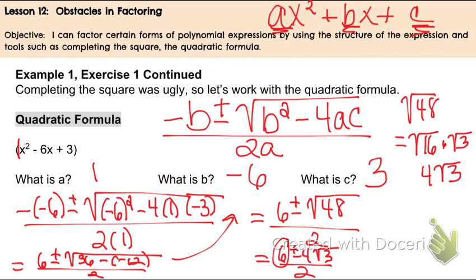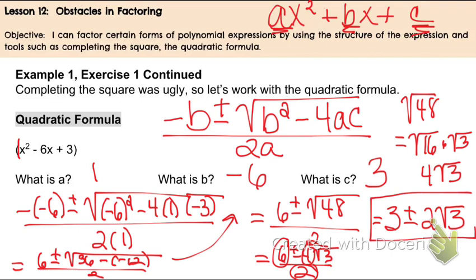If I look here, all of my terms are even, which means they can be simplified by factoring out a 2. So I get 3 plus or minus 2 times the square root of 3. That's where my solutions will be. So one solution will be at 3 plus 2 times the square root of 3, and one will be at 3 minus 2 times the square root of 3.